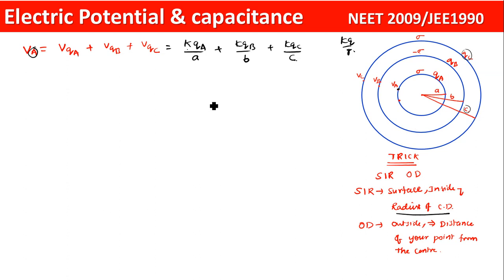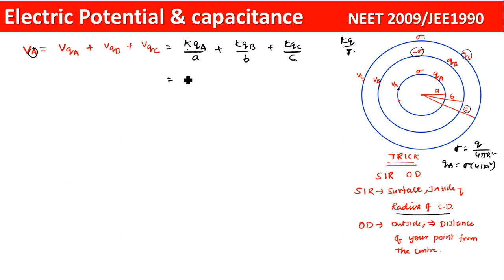Now you also know that the surface charge density sigma is equal to Q by area, and for a sphere the area is 4 pi r square. So Q is equal to sigma into 4 pi r square. QA can be written as sigma into 4 pi a square, QB as minus sigma into 4 pi b square, and QC as plus sigma into 4 pi c square. Let us write that down.